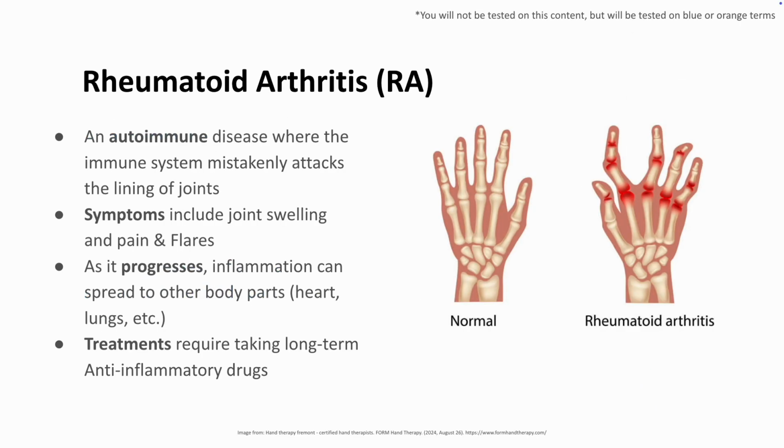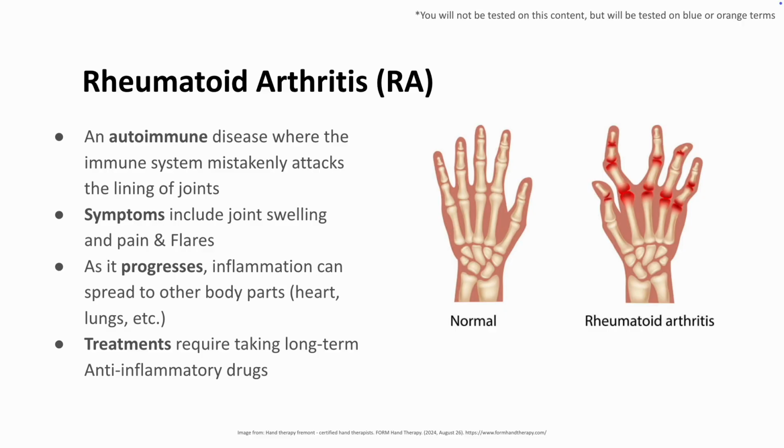So one example disease for the skeletal system is rheumatoid arthritis. It's more of an immune system disease, but I like the immune system a lot, so I decided to include this. It's an autoimmune disease where the immune system mistakenly attacks the lining of your joints.